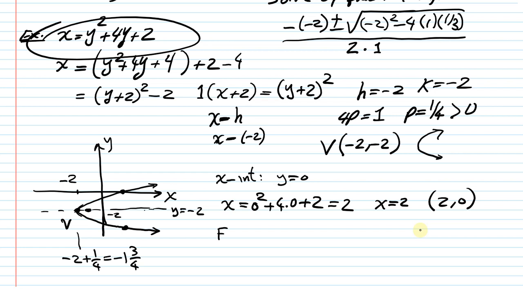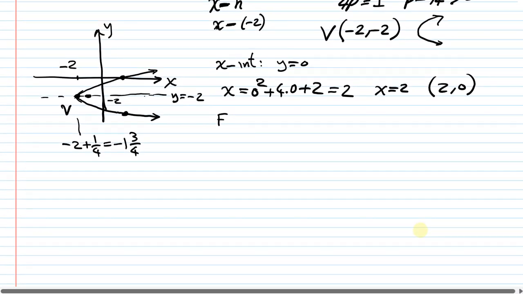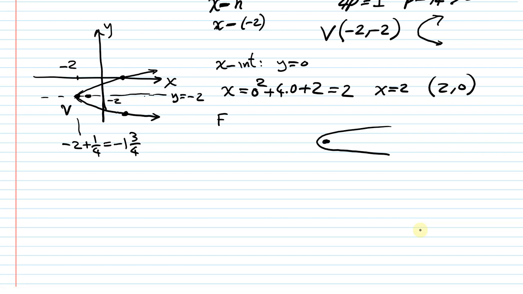The narrower the parabola, by the way, the closer the focus is to the vertex. The wider the parabola, the further it is away from it. So for example, if I have a parabola this narrow, that's going to be the focus. But if the parabola is really wide, then this is going to be the focus.